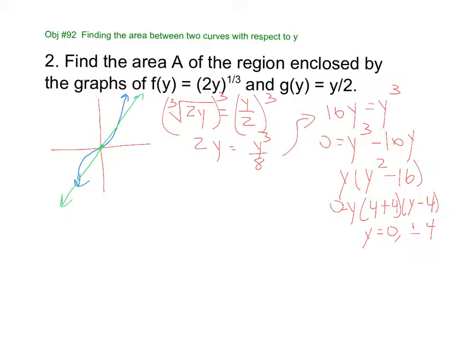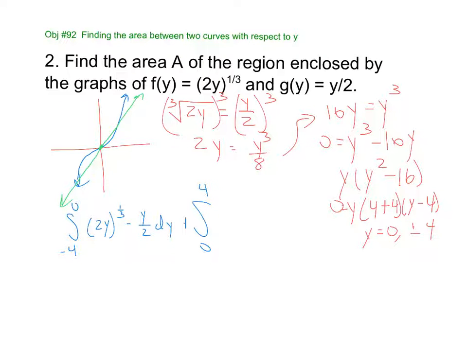So -4 to 0. Now on the left, I have the cubed root, so 2y to the 1/3 minus the line, y over 2, plus 0 to 4.